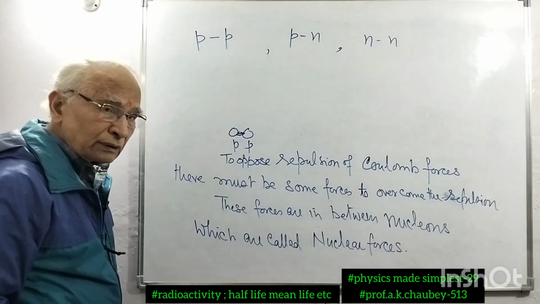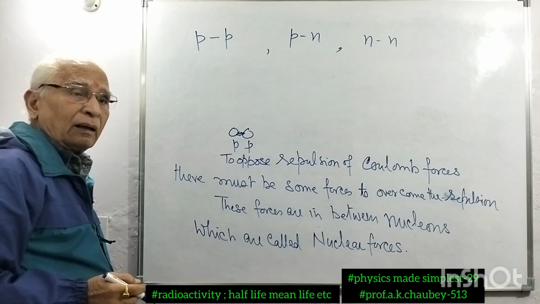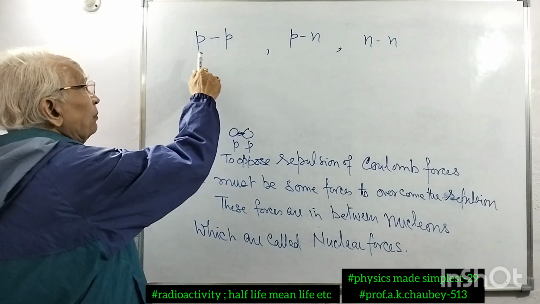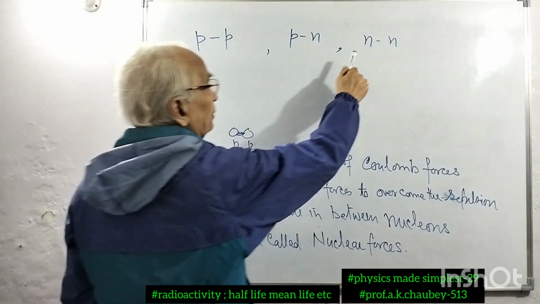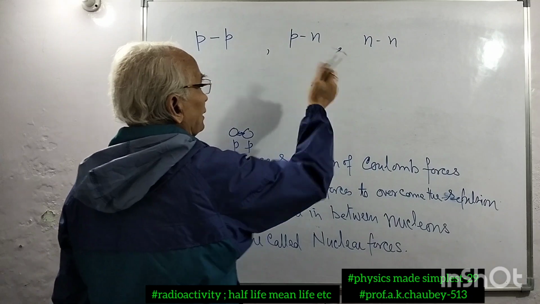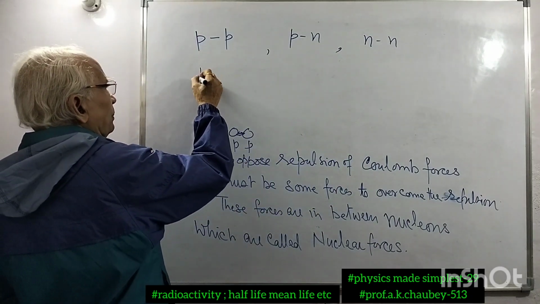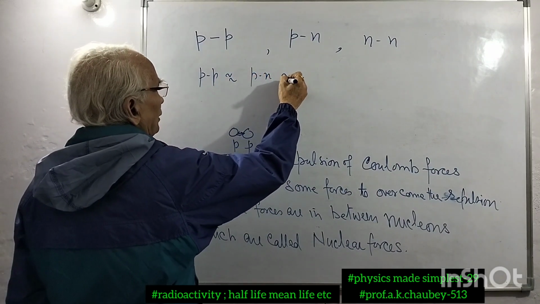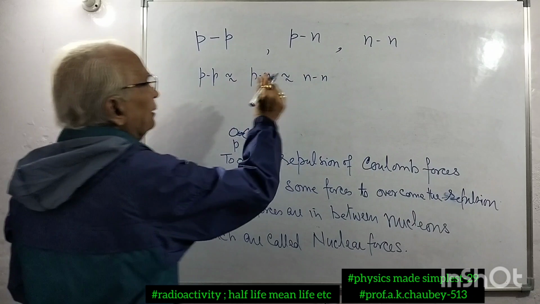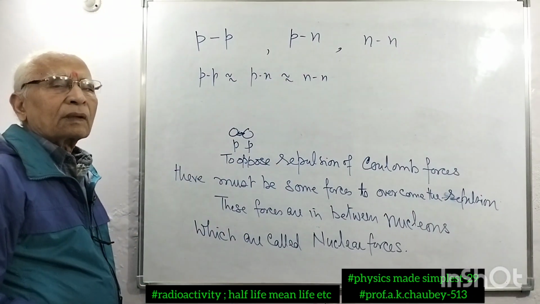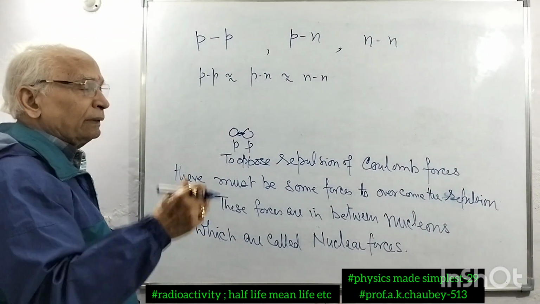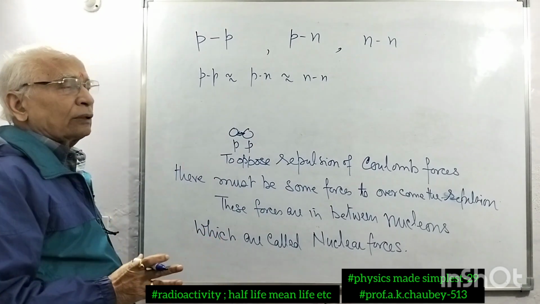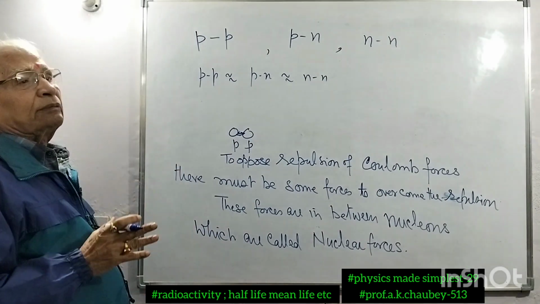It means the nuclear forces are special type forces which we do not know so far. Special type means they act between charged particles, and also between neutral particles. It is observed that PP forces, Pn forces and Nn forces are nearly equal. They are the same. We will discuss nuclear forces separately, but I am just talking about stability, why the systems are stable.